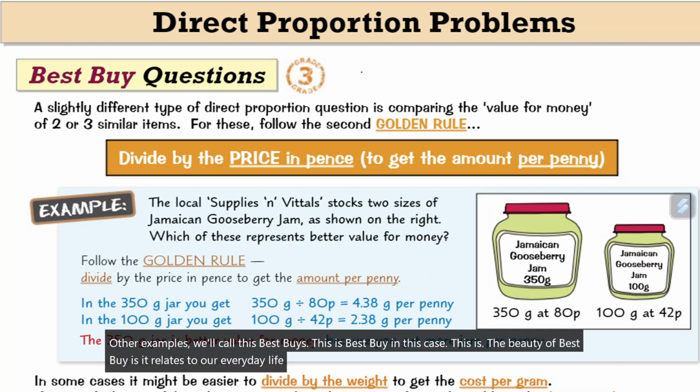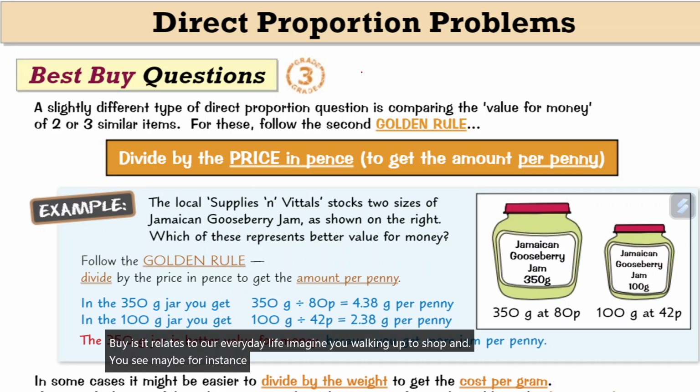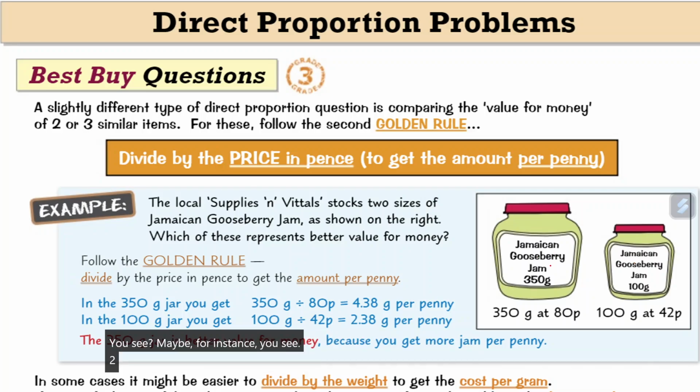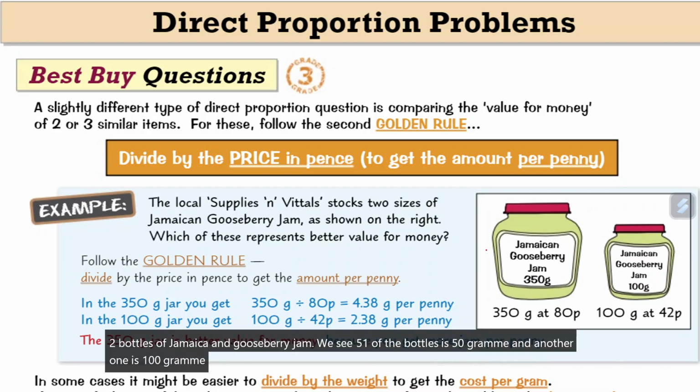Imagine you walking up to a shop and you see, for instance, 2 bottles of Jamaican gooseberry jam. One of the bottles is 50 gram and another one is 100 gram. So the question now is, which will you choose to buy?